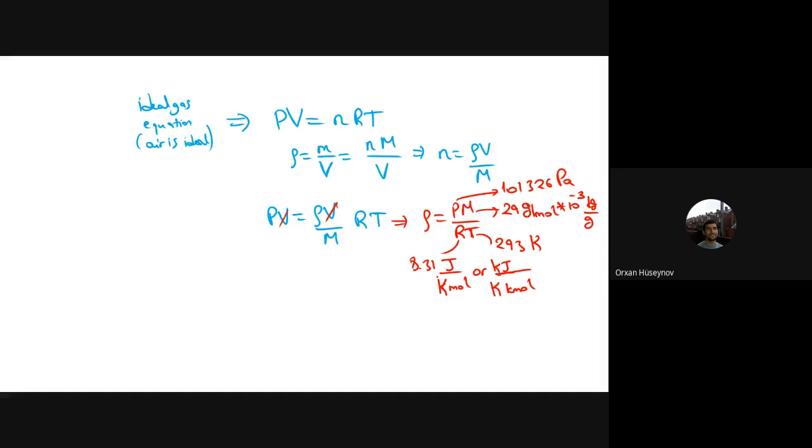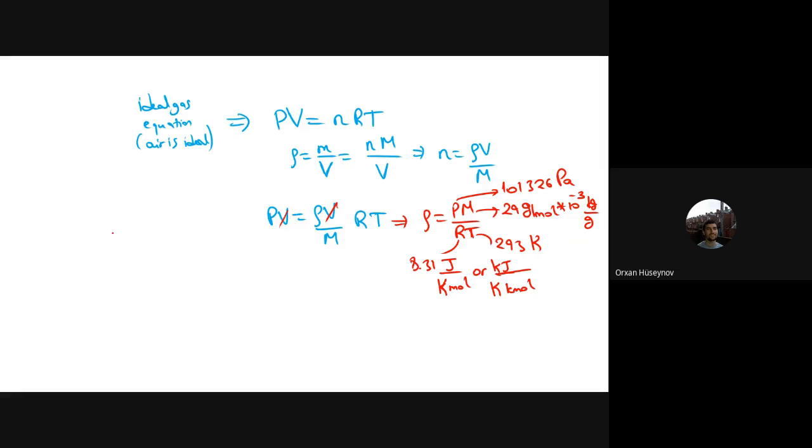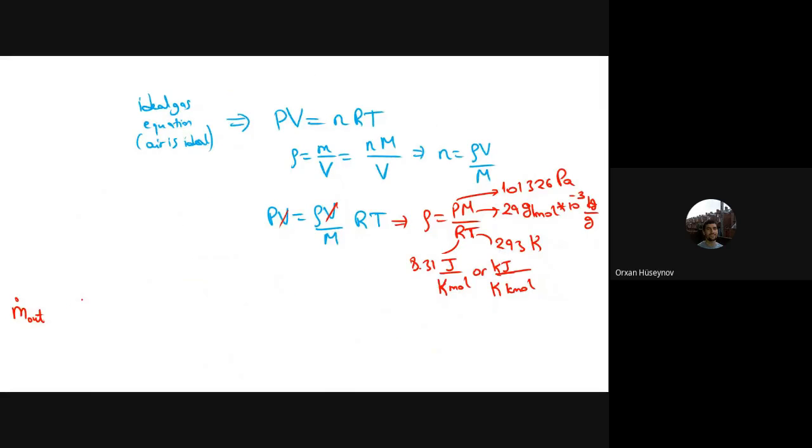And the next part for this question will be to find m dot out. I can give you some options here to get your idea. M dot out, let's say A is greater than m dot in, B is less than m dot in, and C is equal to m dot in.